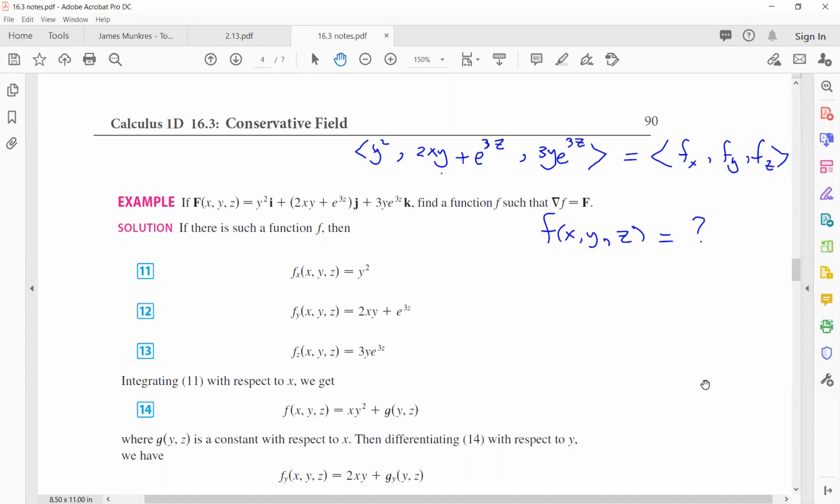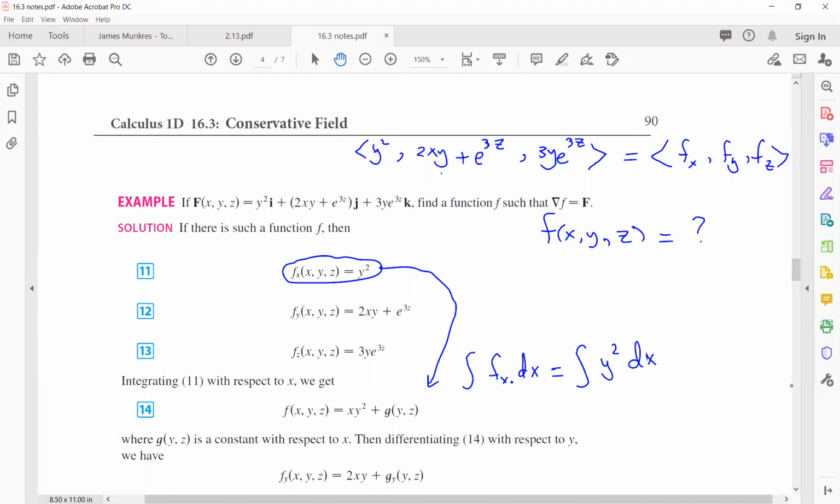Perfect. This is the partial derivative with respect to x. So we take the integral with respect to x. Partial derivative with respect to x, integral with respect to x. So the integral of f sub x with respect to x is equal to the integral of y squared with respect to x.